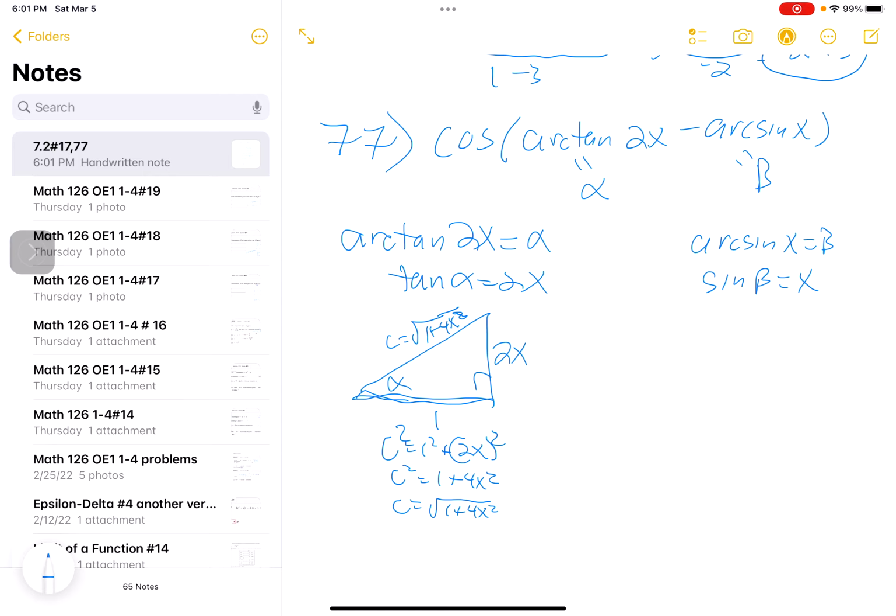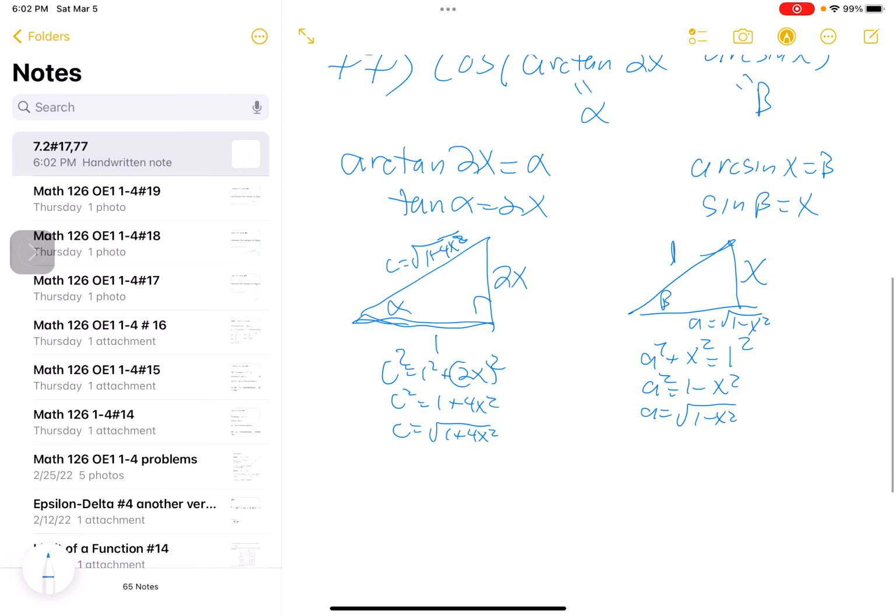Then for the other one, call this beta. Sine of beta is opposite over hypotenuse, so opposite is x and hypotenuse is 1. So side a squared plus x squared is 1 squared, a squared equals 1 minus x squared, and a equals the square root of 1 minus x squared.